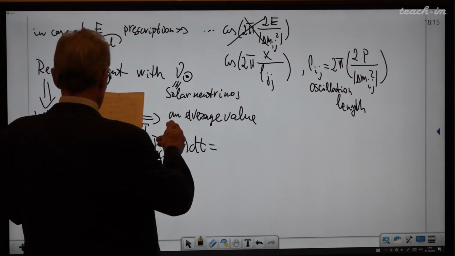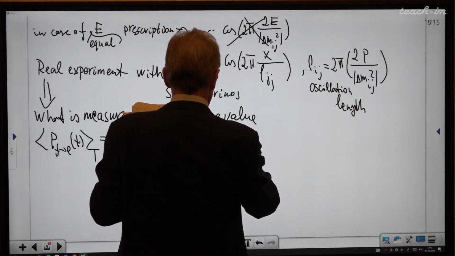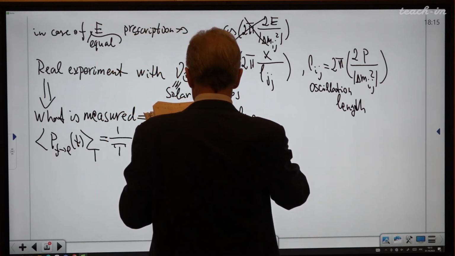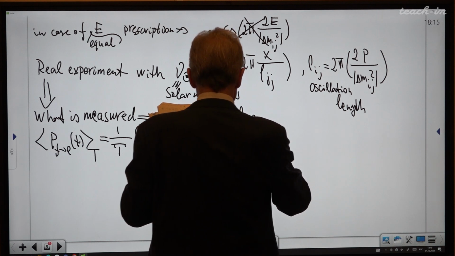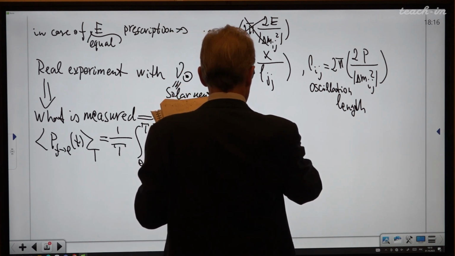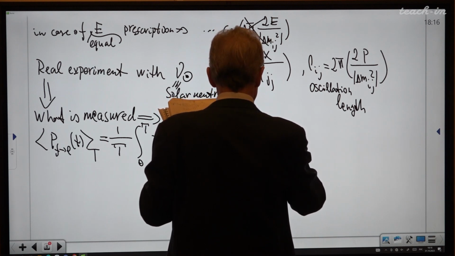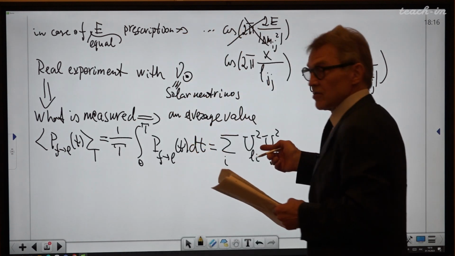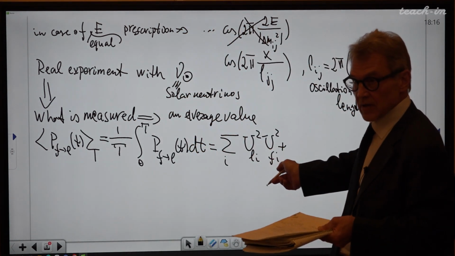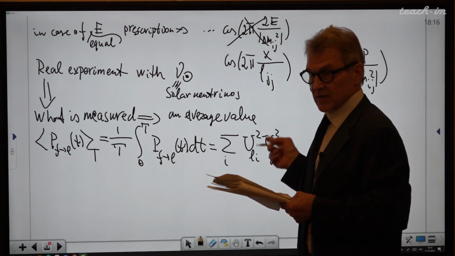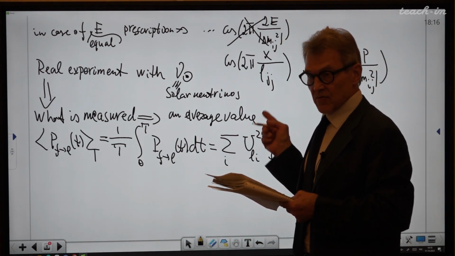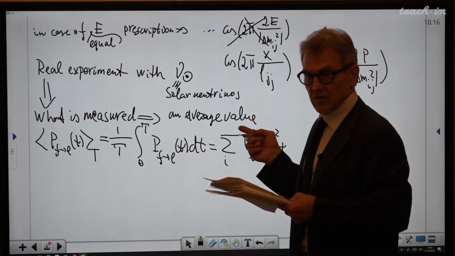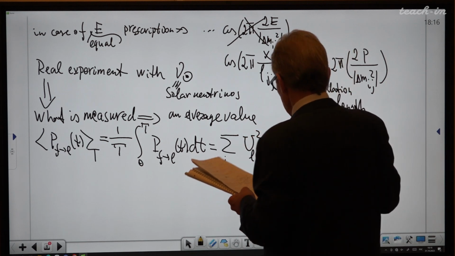So there will be the first term, the sum over i of U Li squared U Fi squared, plus, this is not dependent on time, obviously. And then the term that really depends on time through the cosine function, time or x entering the second term through the cosine.